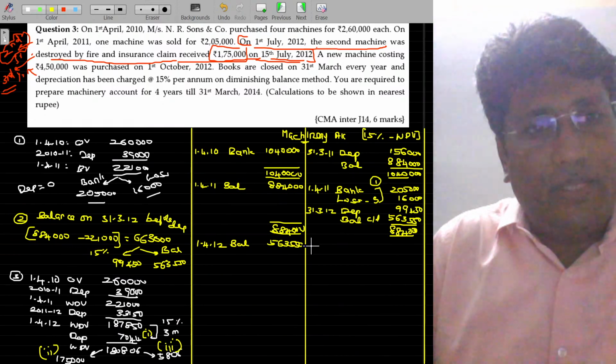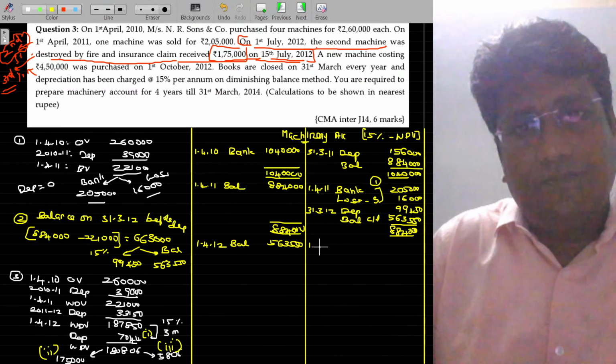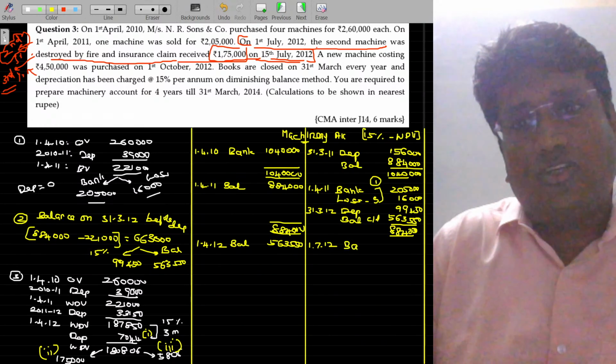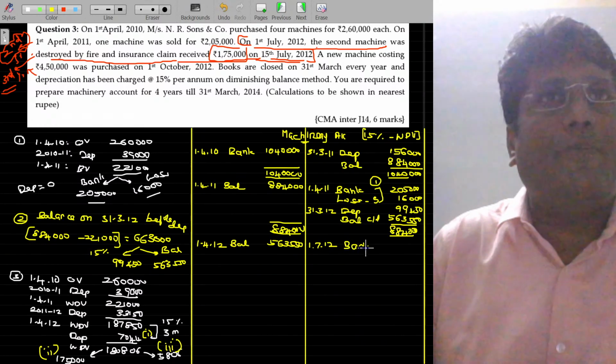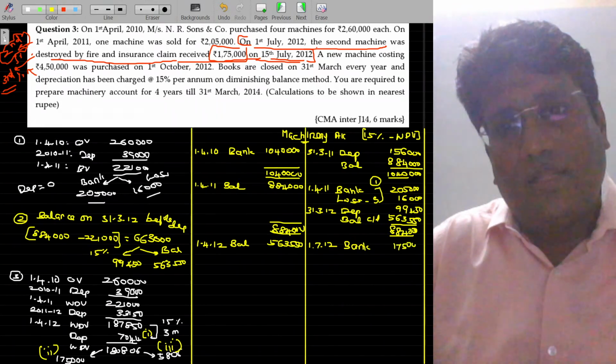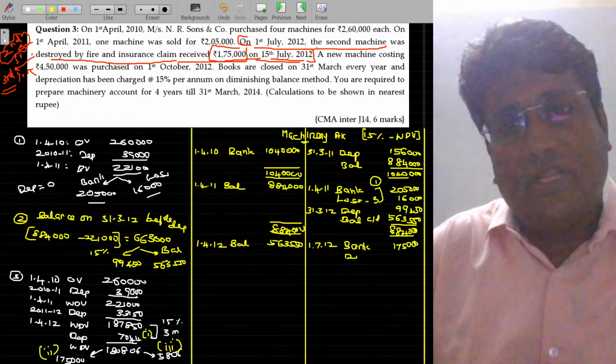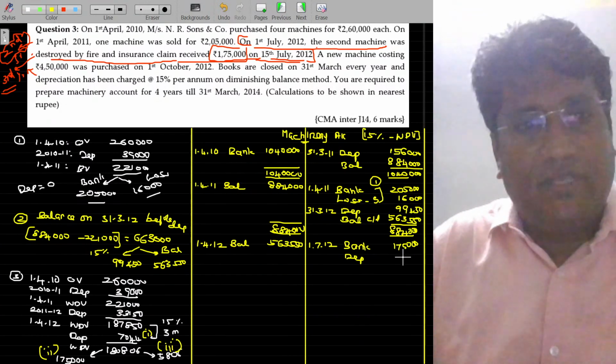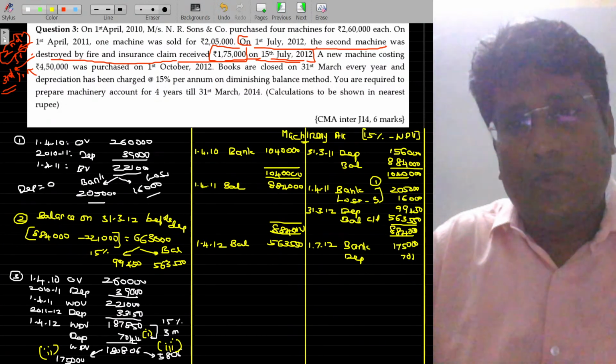The date of posting being 1st July 2012. Bank. I assume the amount is also collected on the same date, insurance claim 1,75,000. On the same date, we have to provide for the depreciation. The value being 7,044.